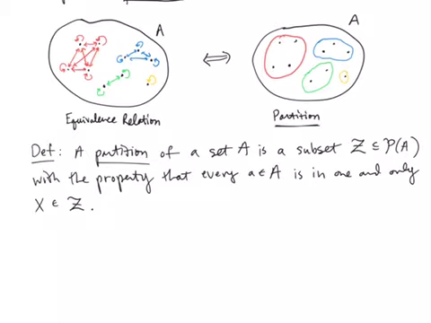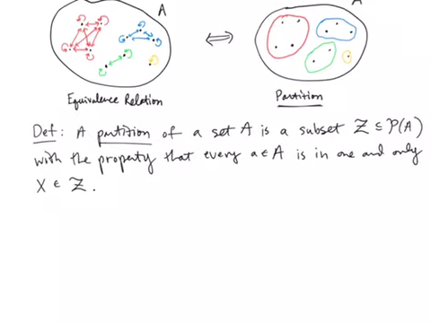And now we're just going to state formally the proposition that is indicated in that picture above, that equivalence relations and partitions correspond to each other.